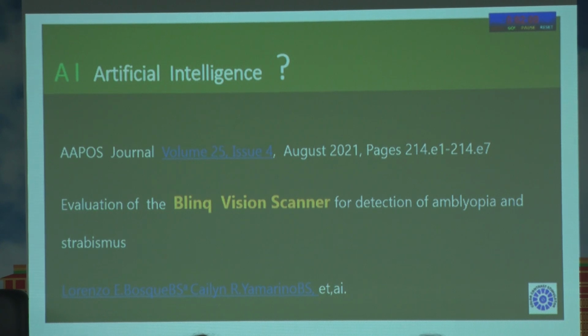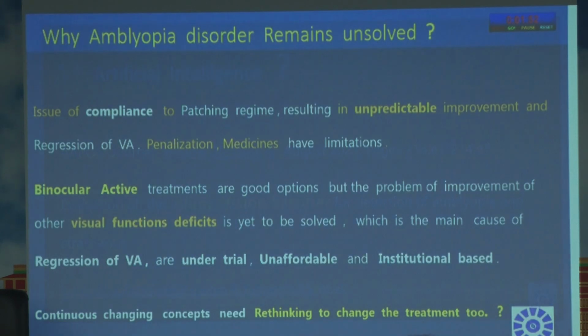Now, these are the days of artificial intelligence. Now a blink vision scanner is also available for babies to find out the amblyopia problem. Another important thing is why the amblyopia disorder remains unsolved. The issue of compliance to the patching regime results in unpredictable improvement and regression of visual acuity.